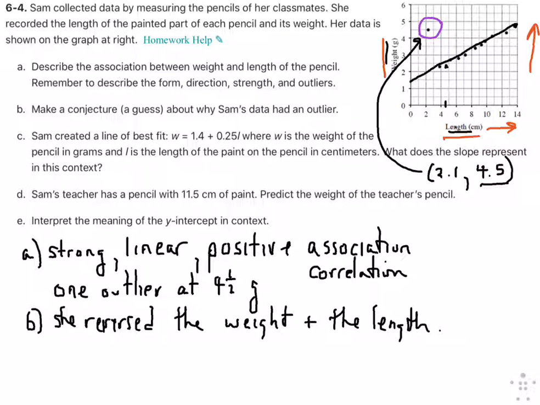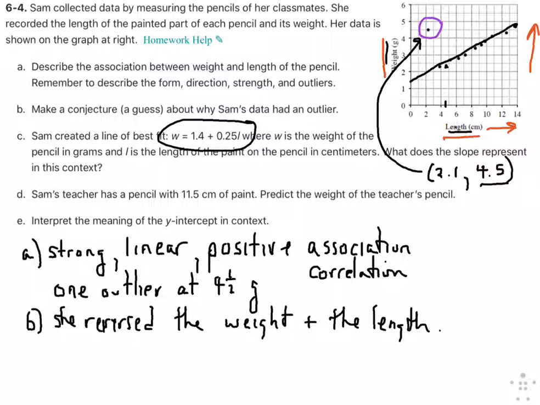Okay, so now Sam created a line of best fit, and they give the equation of that line in slope-intercept form, where W is the weight and L is the length. Okay, what does the slope represent? Let's remember what slope means.